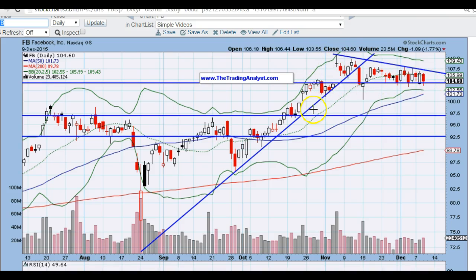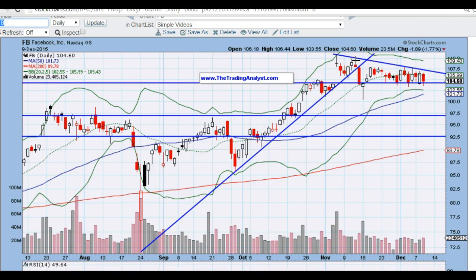So, some traders will be pointing out that this is a flag, okay? And I, on the other hand, because of this trend line break, do not consider this a flag. It has to consolidate lower before heading higher because of this trend line break.